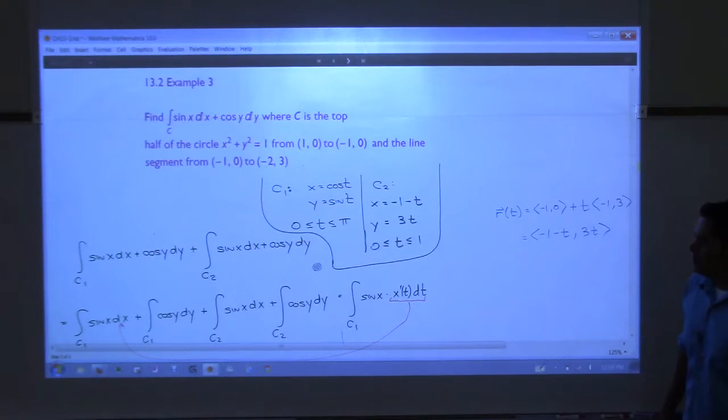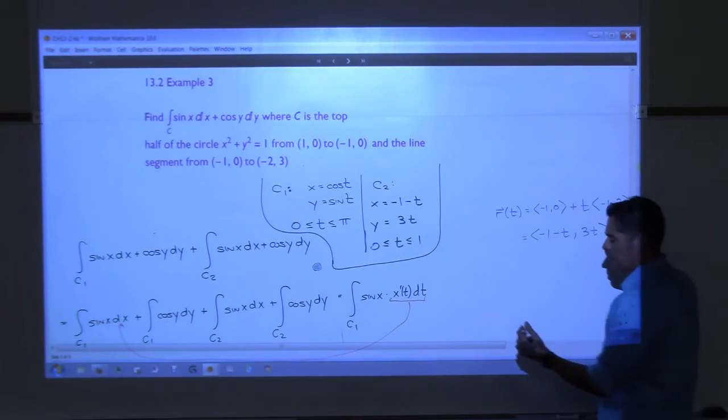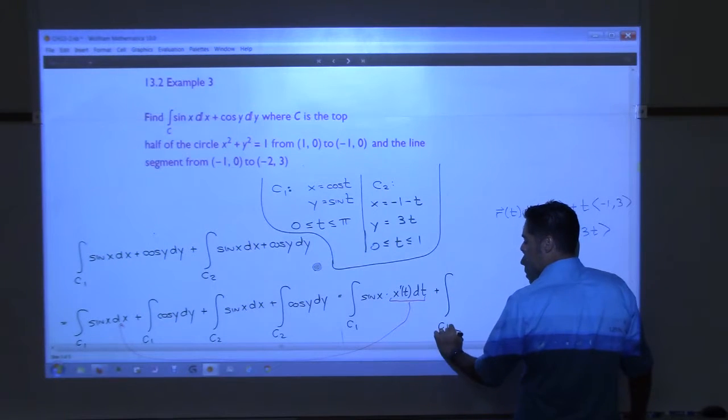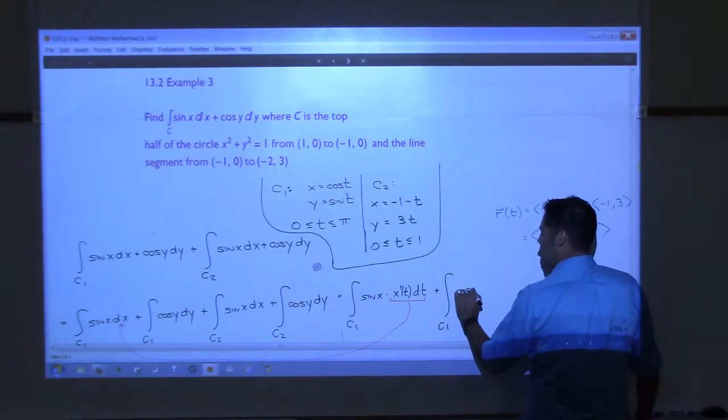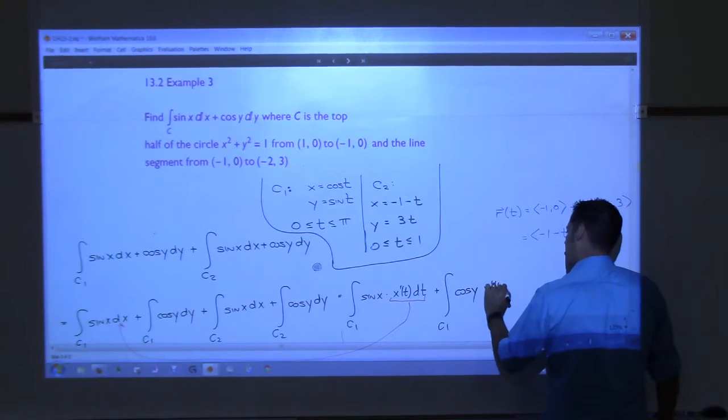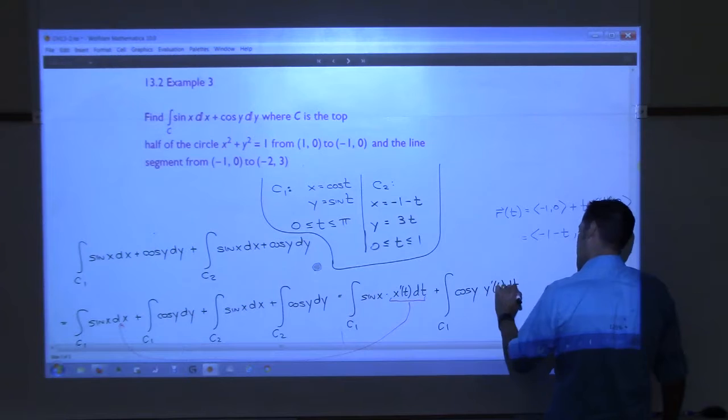And then what about the next part? What would I have next? Plus line integral over C1 of cosine y prime of t dt, right?